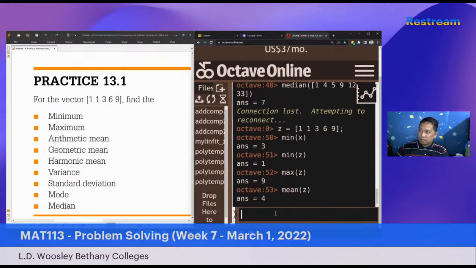That's equal to 4. Now, we could have some variation as far as the harmonic mean and geometric mean are concerned. So we'll have a variable harmean. We have some commands here that had been taught a while ago. This is for z actually.